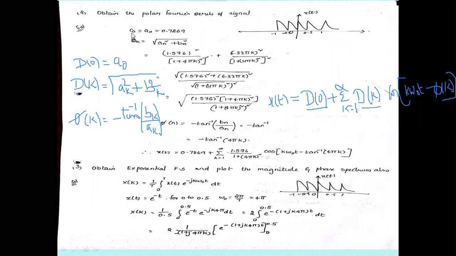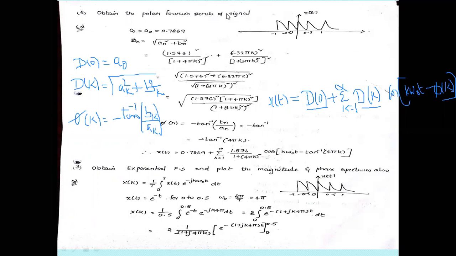Now, see the a of 0 or the d of 0. Here I wrote this as C naught, Cn and phi of n. C0 is equal to A0, but A0 is 0.7869. And d of k is equal to, what is a suffix k? 1.576 whole square divided by 1 plus 4 pi k whole square, my dear students.